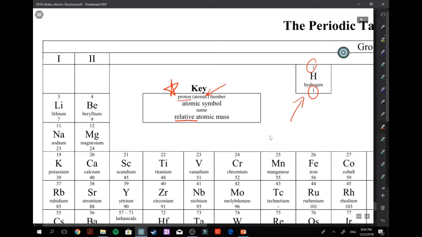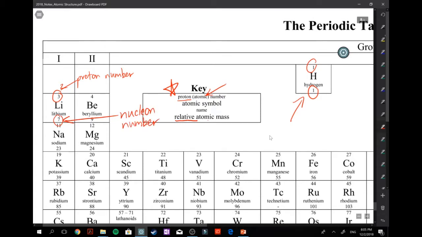So you have your symbol in the middle followed by the name, and you have 2 numbers at the top and bottom. Let's take a look at lithium. There's a number 3 and there's a number 7. What exactly do these numbers mean? In the periodic table itself, the number at the top represents the proton number, whereas the number at the bottom represents the nucleon number.